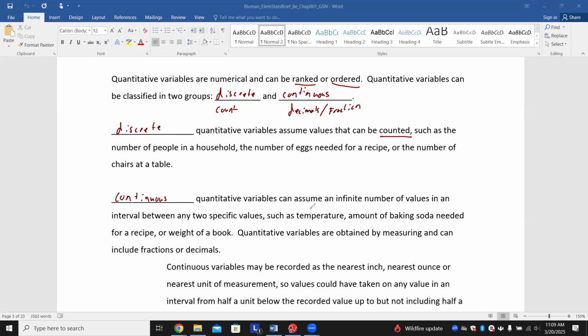So it could be 39.4 degrees Fahrenheit, or it could be 39.328 Fahrenheit. And the decimals there are unlimited, right? It depends on how specific they want to get. So those are continuous data. I can't count temperature because it can change even into the fractions. Quantitative variables are obtained by measuring and can include fractions and decimals. So there you go right there.